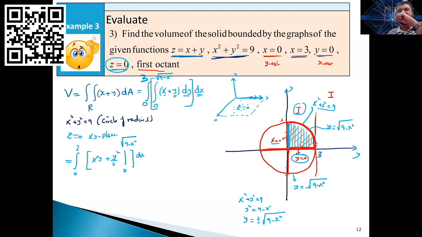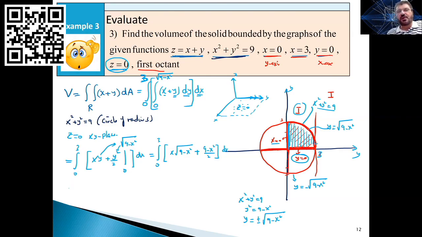Now what do we do? We plug in the top one. So this is equal to the integration from 0 to 3, and we open the box. Now we replace y with the square root of 9 minus x squared. So this is x times the square root of 9 minus x squared plus, put the y here now. If you square this, you get what? 9 minus x squared over 2. Then we close and we say what? dx.